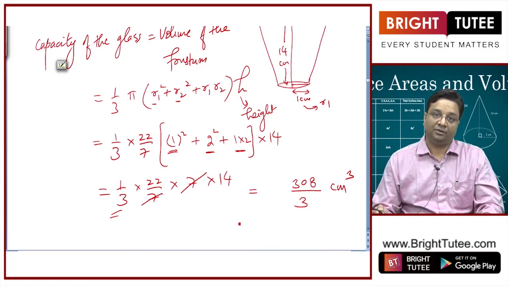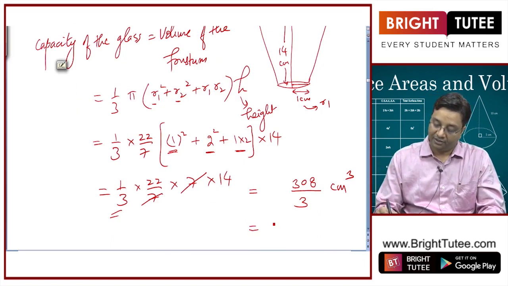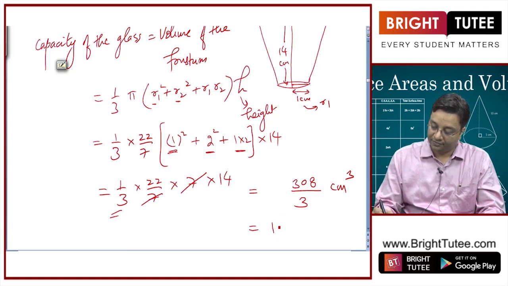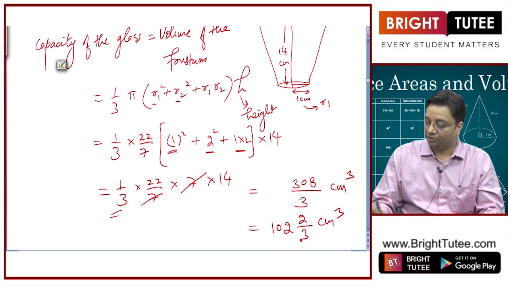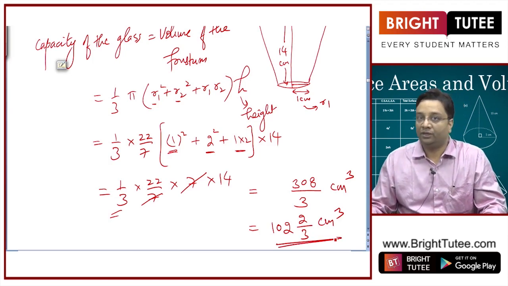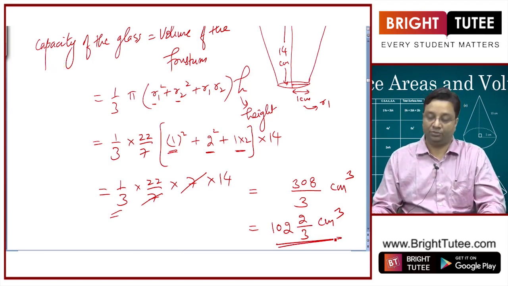So this is the capacity of this glass here. You can further write it as 102 and 2 by 3 centimeter cubes.